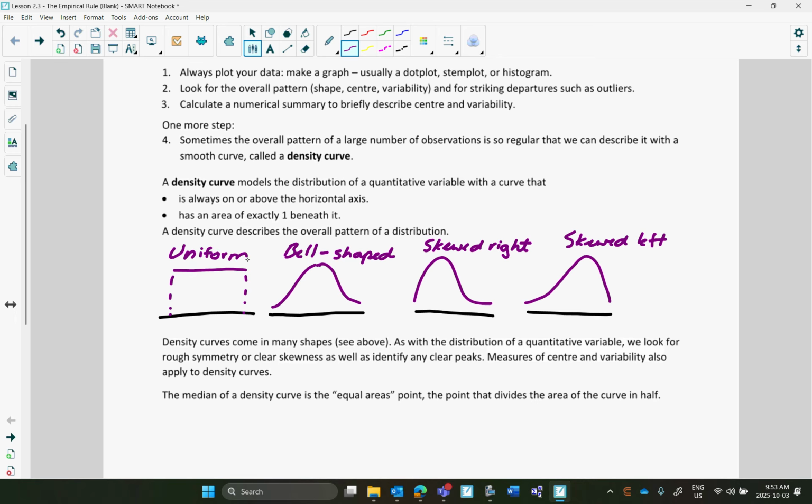We're going to focus on the bell shape, but that is a density curve too. If it goes straight across, and remember what I said, 100% of the data values are underneath the curve but above the horizontal axis. So all the data values would be spread out in here, like so. And then you do the same thing for the skews to the right and the left.